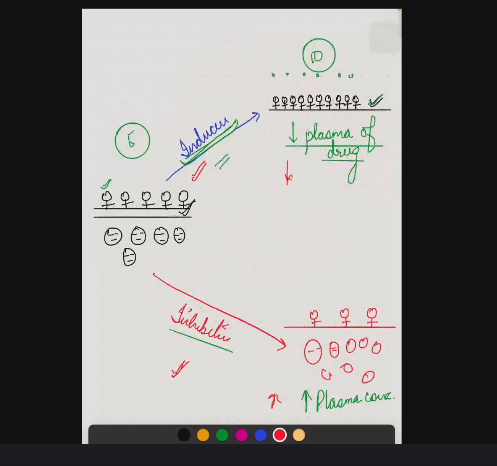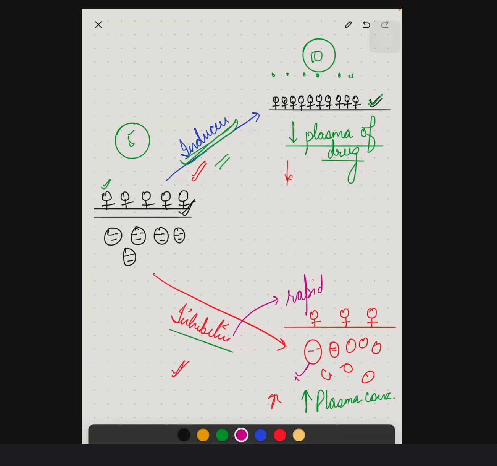Also, one more thing I would like to tell you guys here. When we say inhibitors, these inhibitors have rapid action because making something dormant is quicker. But when we have inducers, they actually have to wake up these sleeping or dormant cytochromes.